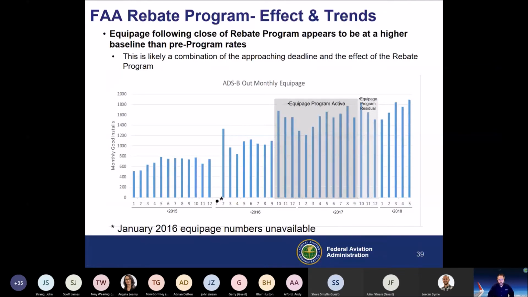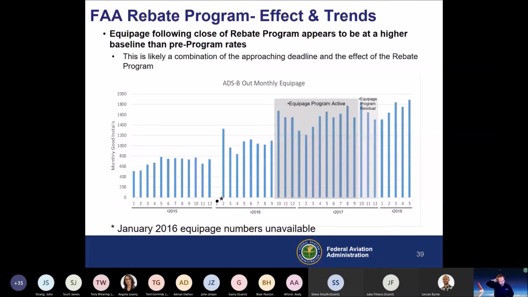What's interesting is, first of all, that this did have the effect of shifting in time, so that we were able to get more people equipped sooner, not putting it off to the very end of the time frame. It's also interesting that the whole machine of the rebate program, getting the word out to the equipment installers and the whole population of pilots, and the marketing associated with it, really helped not only equip earlier, but also maintain this momentum.